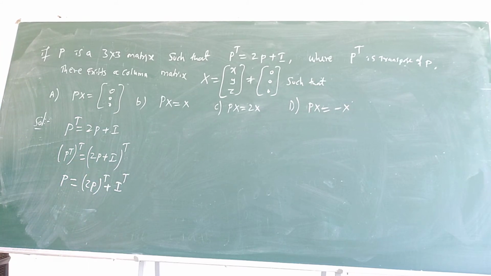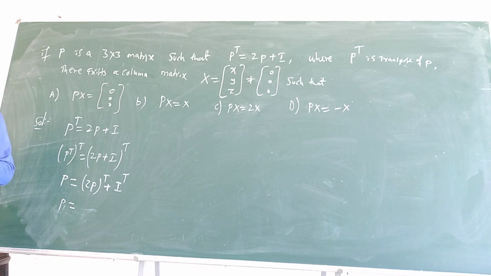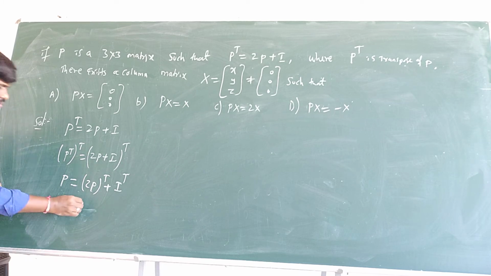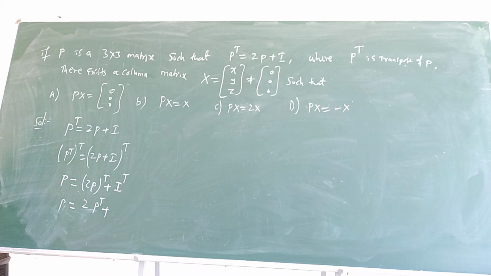Correct? Now you know that k A whole transpose is equal to k times A transpose, like 2 times P transpose, plus what is the I transpose value? I. Identity transpose is I itself.